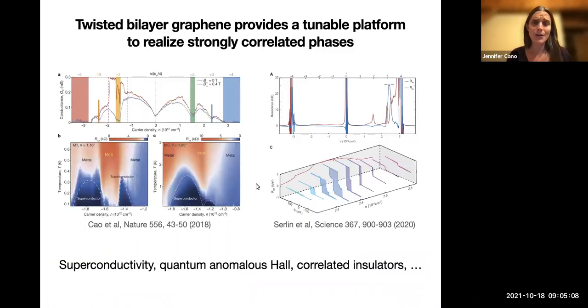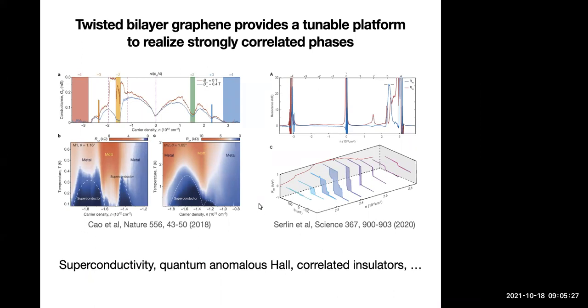Our work is motivated by twisted bilayer graphene. Twisted bilayer graphene provides a tunable platform to realize strongly correlated phases. Its tunability is what makes it so exciting, as well as the variety of different types of correlated phases that have been realized. I've shown some of these examples here.